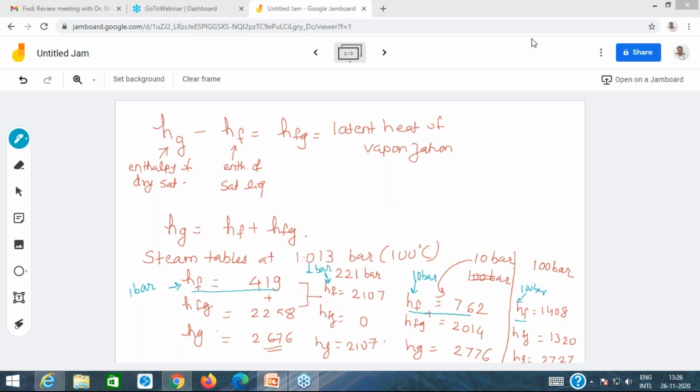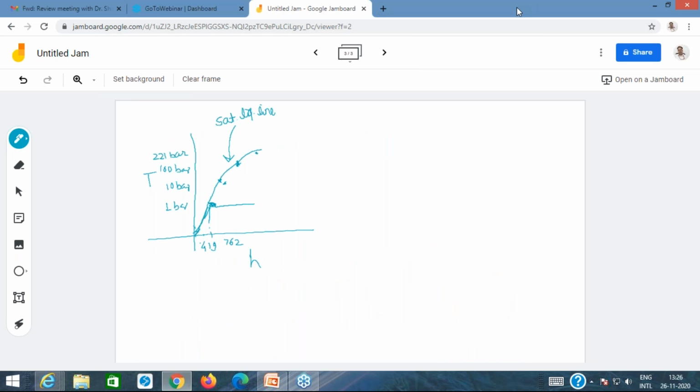So let me draw these HFG lines on this pressure enthalpy diagram. Let us say this is your HFG at 1 bar, then your HFG value decreases further, and finally it becomes zero.